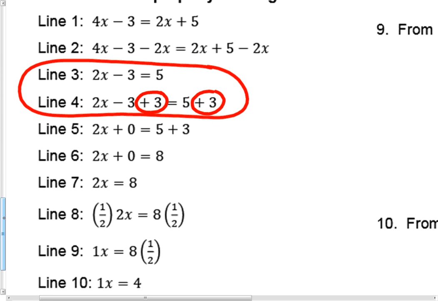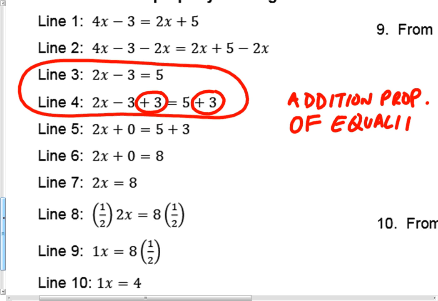What do we call that when we are putting that type of operation on both sides? Well, what operation is it? Addition property. This is addition property of equality. Because, is it happening on both sides? Yeah. If it's happening on both sides, it has to do with the fact that it's equal.